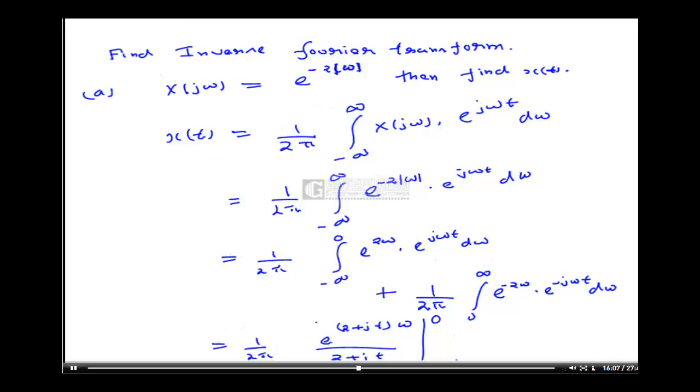On solving this, it will become 2 by pi (4 plus t square). This is my x(t).